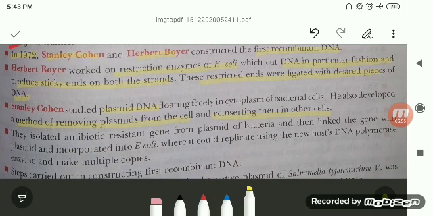They isolated an antibiotic resistance gene from the plasmid of bacteria, linked the gene with the plasmid and incorporated it into E. coli, where it could replicate using the host DNA polymerase enzyme and make multiple copies.